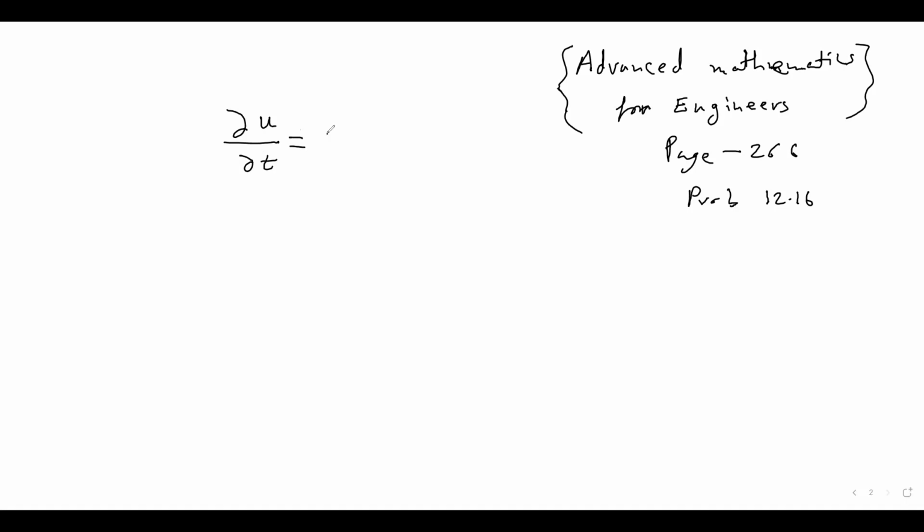So del u by del t is twice of del square u by del x square, and u(0,t) equals u(3,t) equals 0. So the two endpoints of the rod are kept at 0 temperature. Technically, u does not really stand for temperature as far as I can remember.